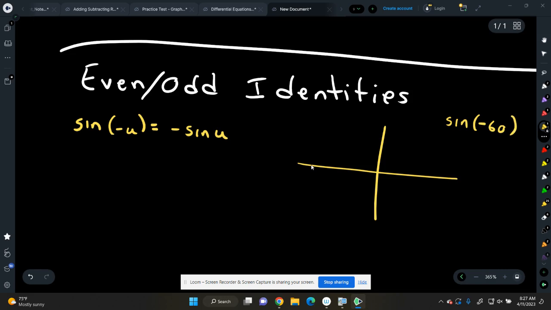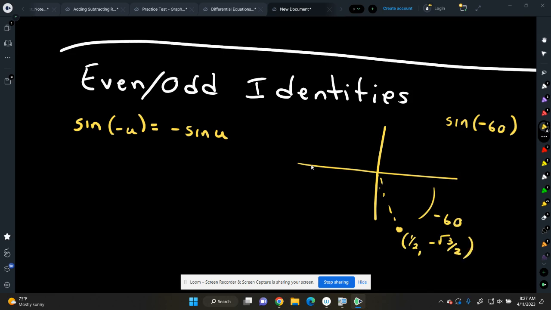Here's the sine of negative 60. The coordinate there is 1/2, negative root 3 over 2. This identity is saying that that is equivalent to negative sine of 60.